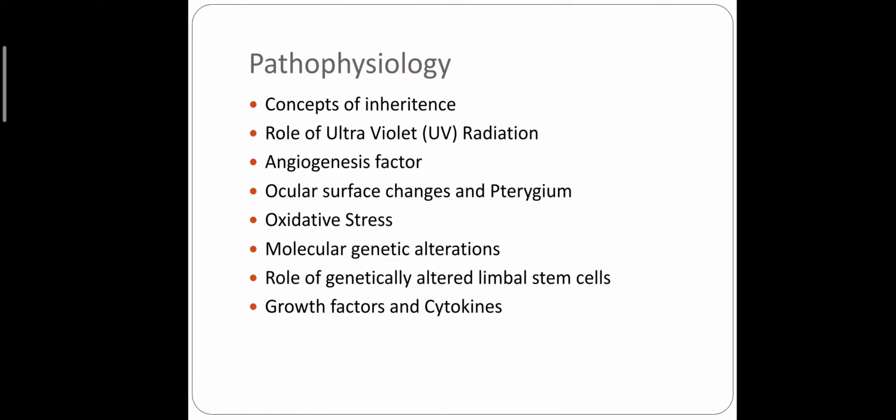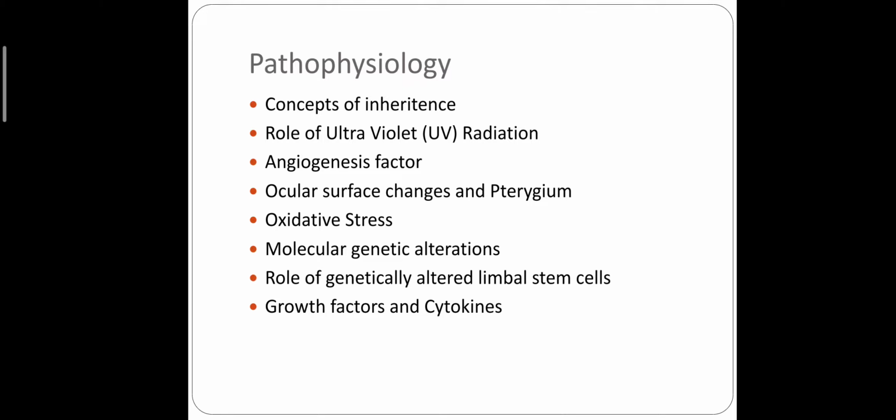And due to chronic ultraviolet radiation exposure, there is a breakdown of the corneoscleral limbal barrier. Ideally the conjunctiva doesn't grow on the cornea because of the limbal stem cells. They provide a barrier and they prevent the conjunctivalization of the cornea. So because of the damage of the limbal stem cells, or the genetic alteration in the limbal stem cells, there is a breakdown in the corneoscleral barrier, which results in subsequent conjunctivalization over the cornea.